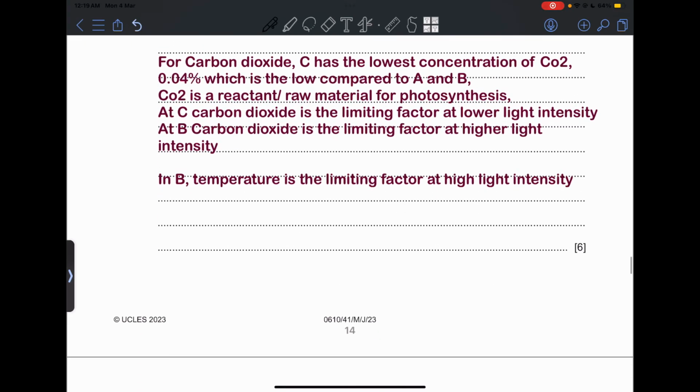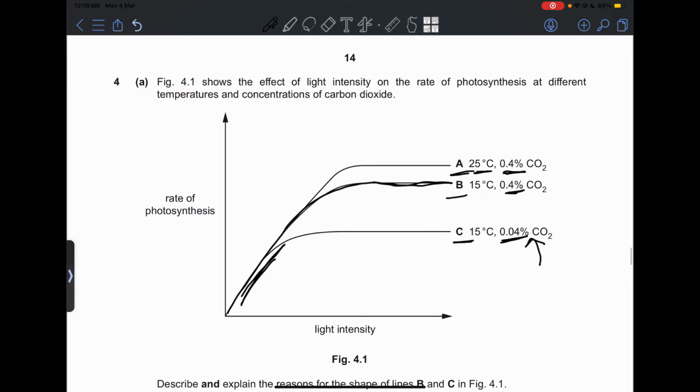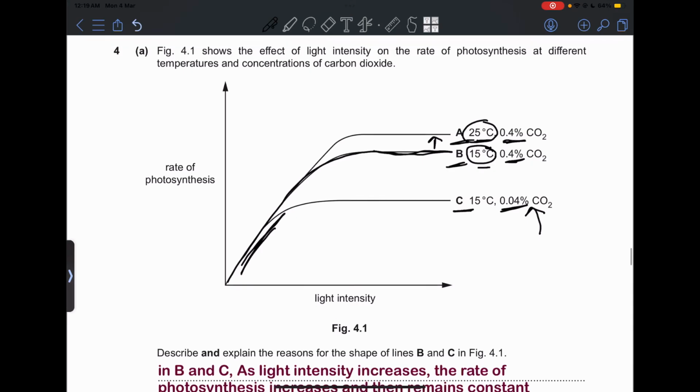In B, temperature is the limiting factor at high light intensity. A has 25 degrees and B only has 15, so there is a difference, and it causes a difference in the rate. It increases here, and in B it decreases because of the low temperature. So this is basically all you need to say.